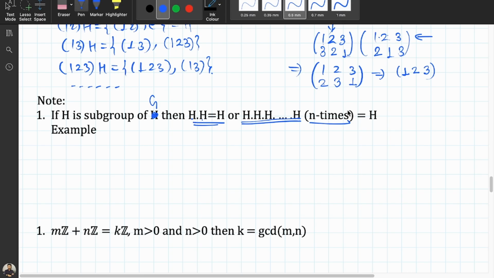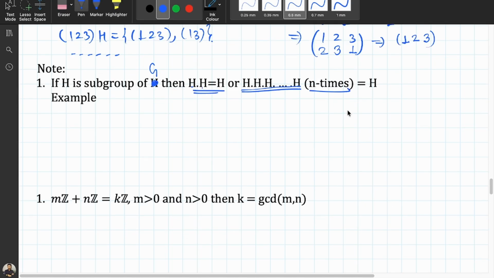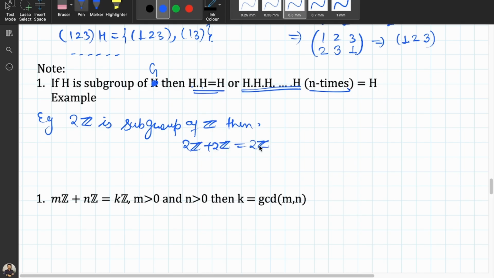From here simply this is the example. Yes, I can take the example of 2Z, which is a subgroup of Z. If I take 2Z plus 2Z, it is going to be 2Z only.